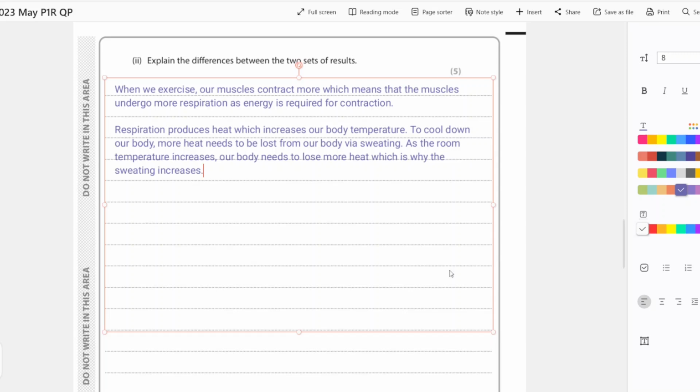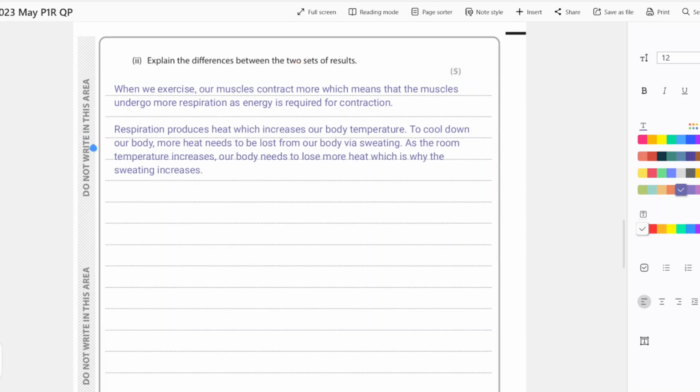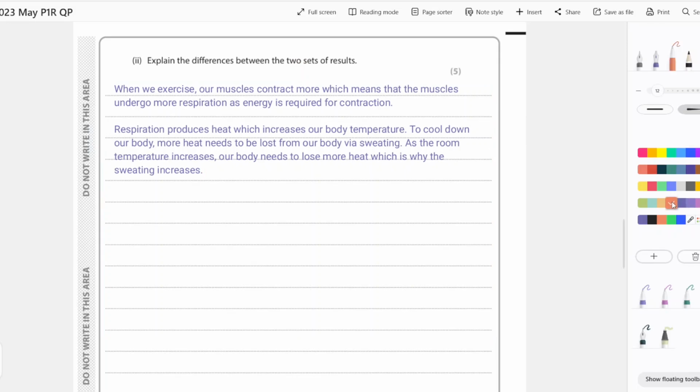All right, let's go over the marks. So the first mark is exercise increases muscle activity. So I said muscles contract more, and more energy is required. And there is an increase in respiration. That's the third mark. Heat is produced from respiration.